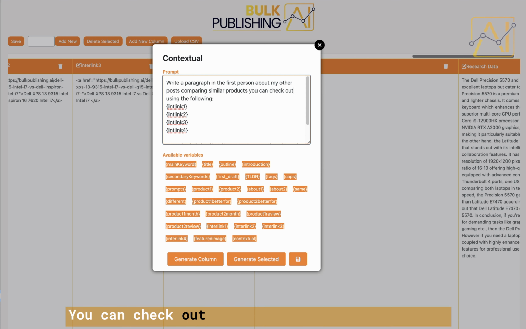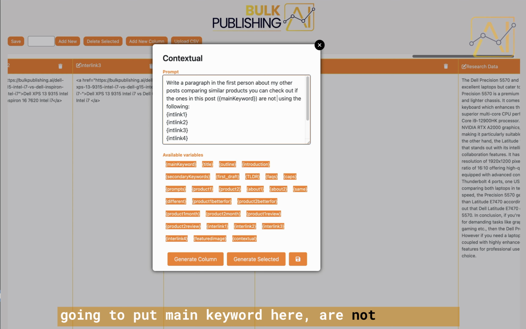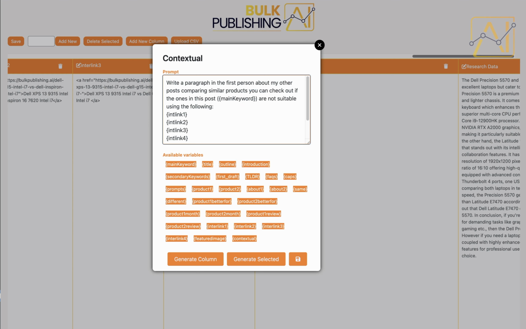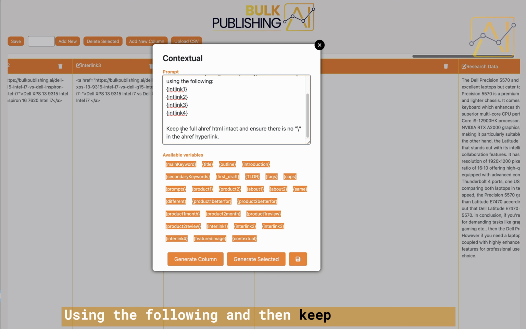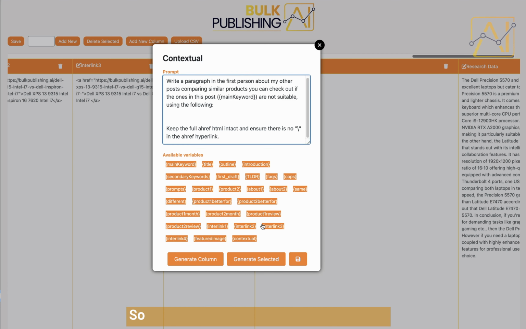You can check out if the ones in this post, I'm going to put main keyword here, are not suitable using the following, and then keep the these are not interlink, these are interlink.